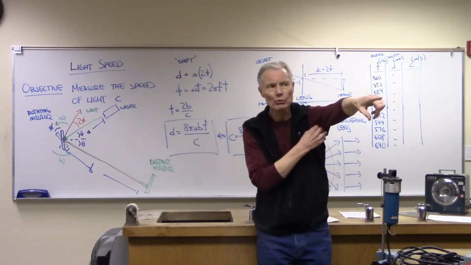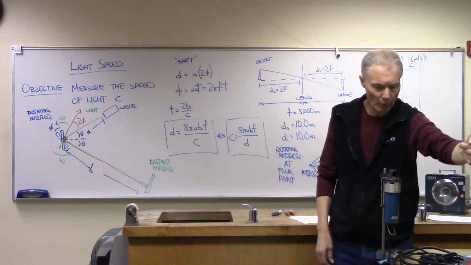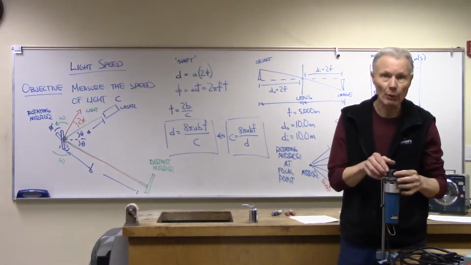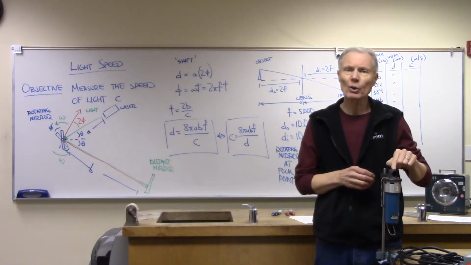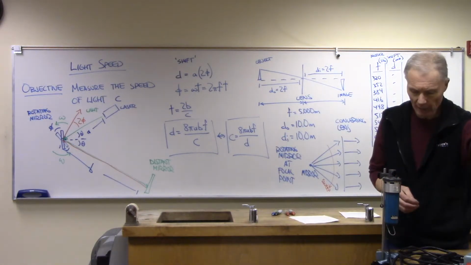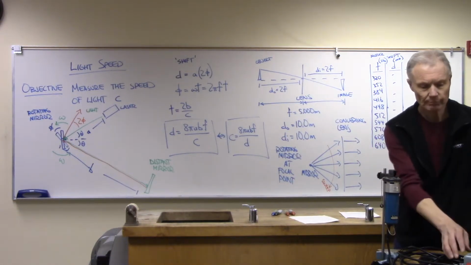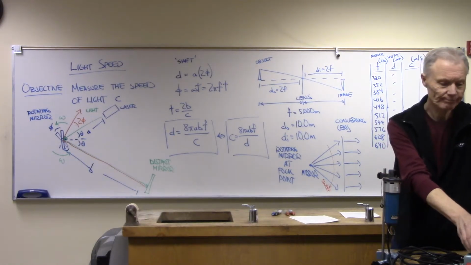We've got a laser source back over here, and the laser is pointing at this mirror. If you look at this closely, there's a mirror inside here. This is a really high-speed rotating mirror. I've got a voltage supply here.